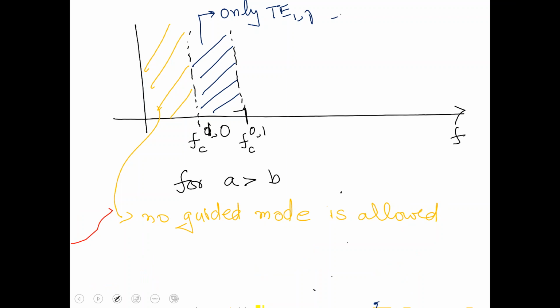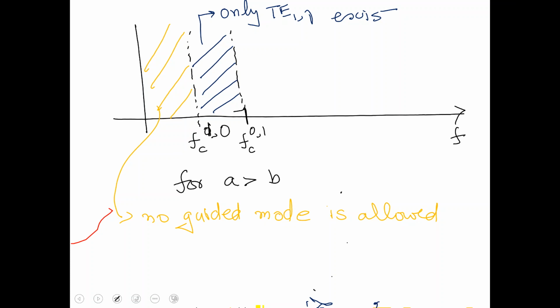So in this shaded region between fc10 and fc01, the waveguide is only allowing one solution to go through. No other distribution is allowed. There is only and only one distribution allowed, which is traveling with its own phase velocity within these two components.